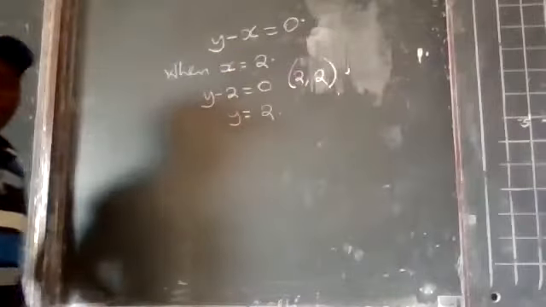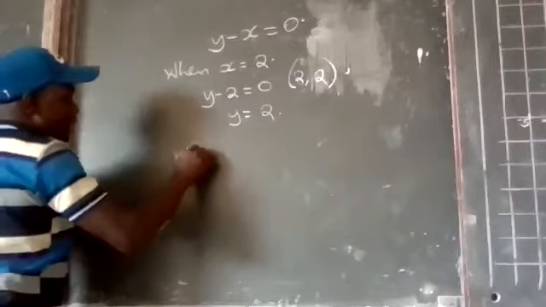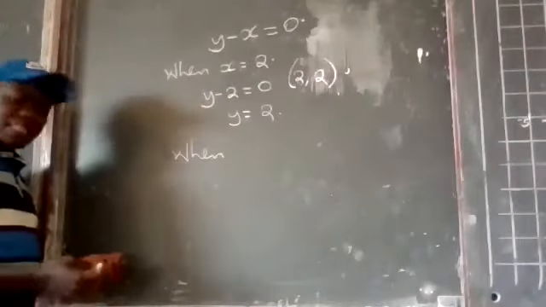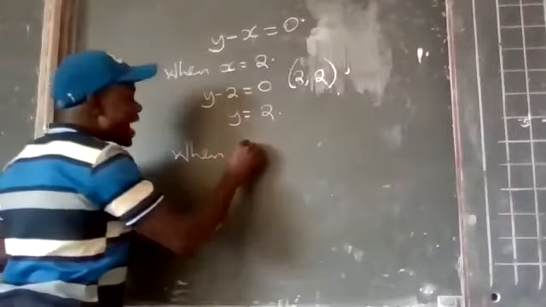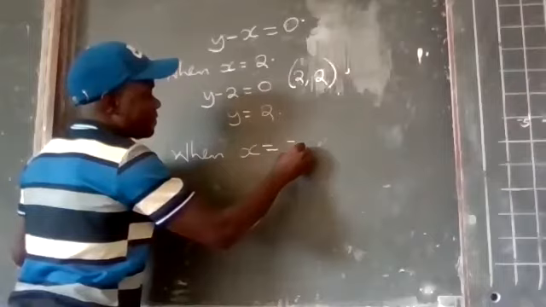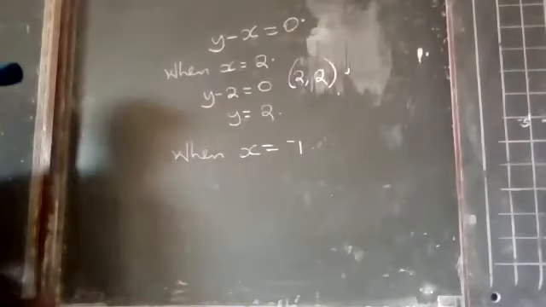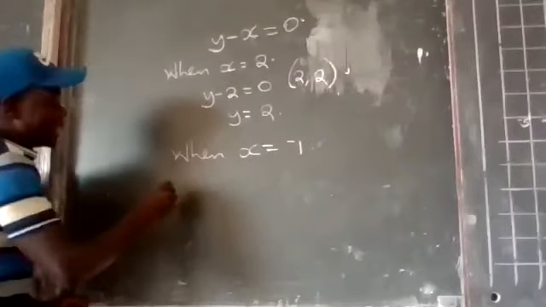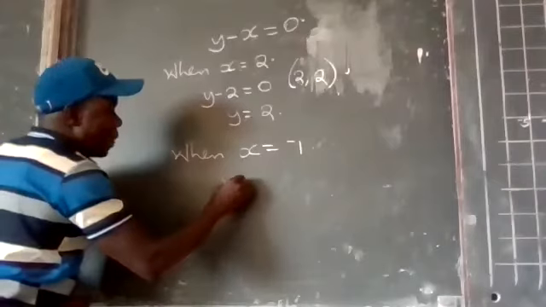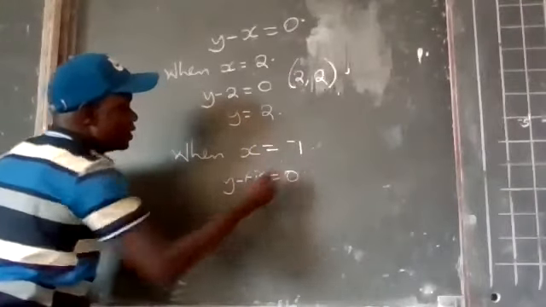For the second point, when x is equal to negative 1, I'll have y minus negative 1, which is y plus 1, equal to 0.